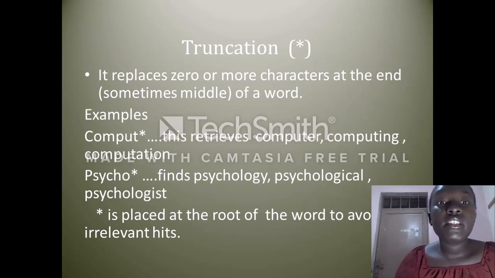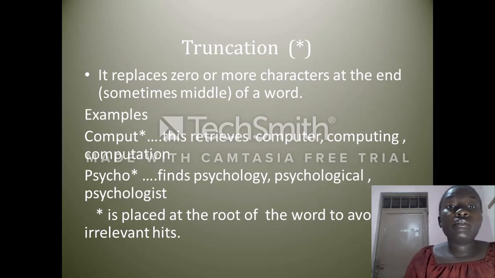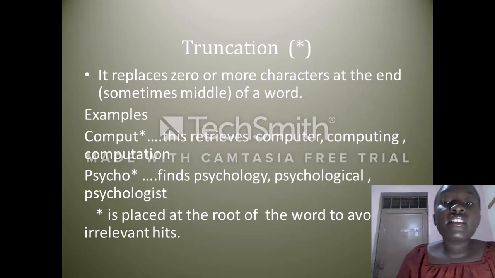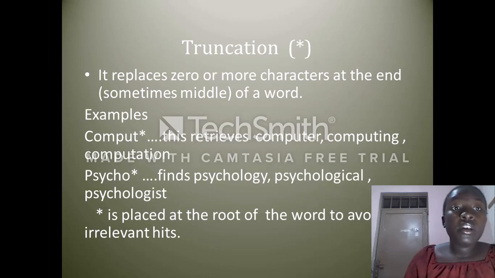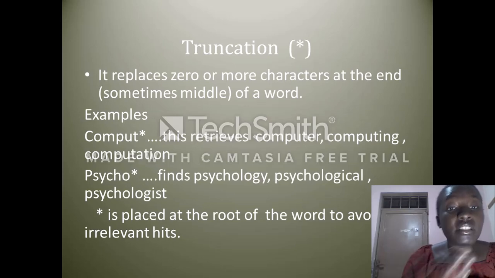This replaces zero or more characters, sometimes in the middle of the word, sometimes at the end. For example, we can have compute, and then we put a star at the end. This retrieves computer, computing, computation, because it's in that very field, but we really don't know what we want.